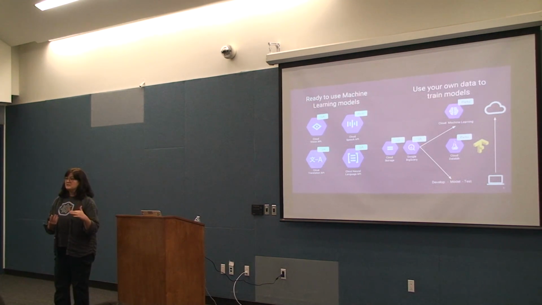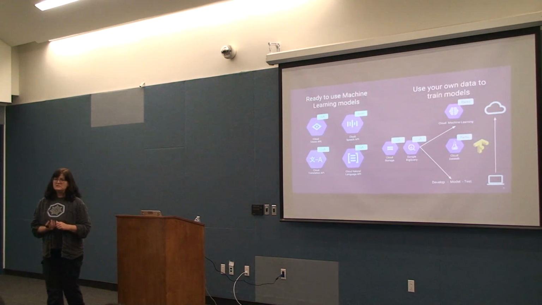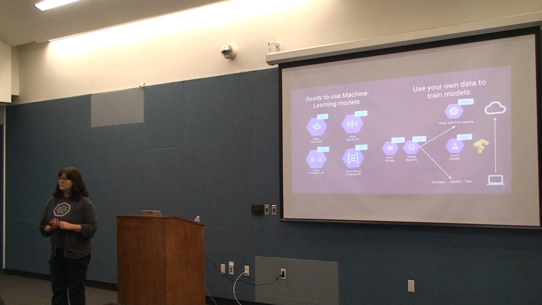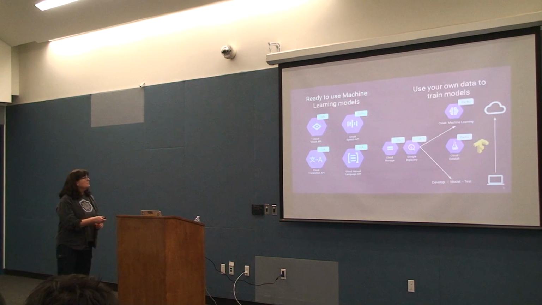Underneath the hood is a very powerful set of models trained on a lot of data. Did anyone see Jason's talk earlier today where he talked about that a little bit? Okay, yeah. So I won't spend any time on these. Vision API, speech API, natural language API, translation, they're really fun. If you're not familiar with them, check them out.